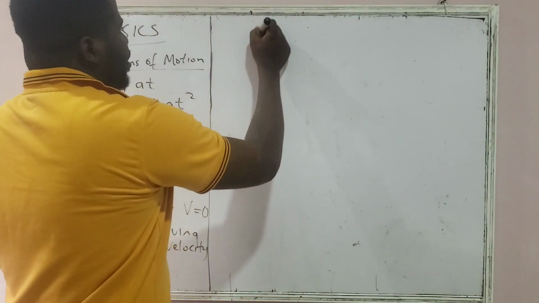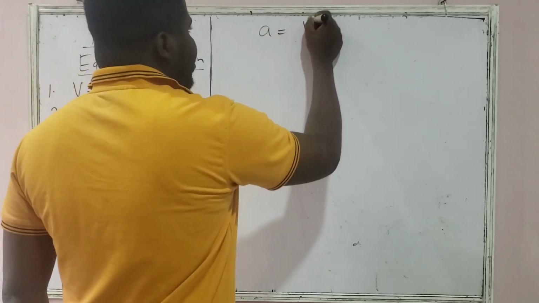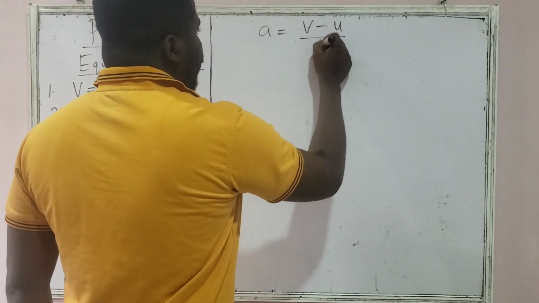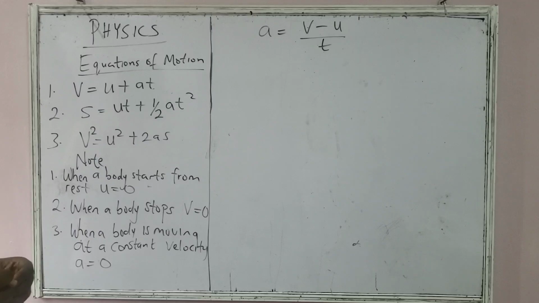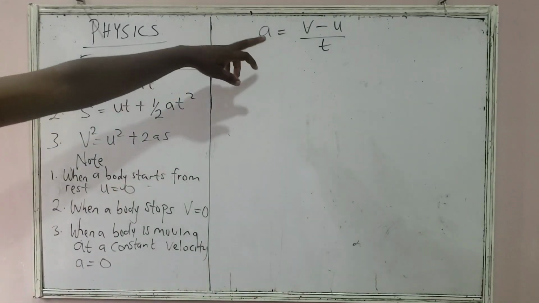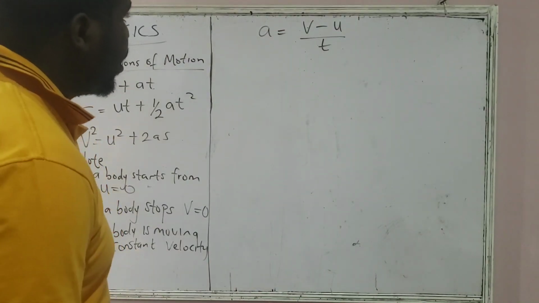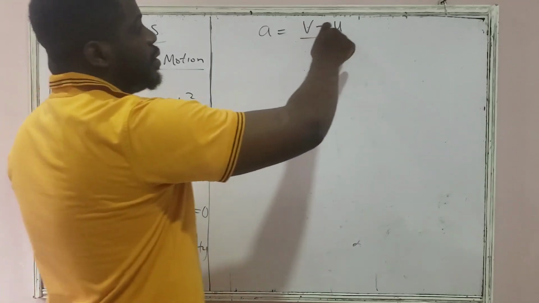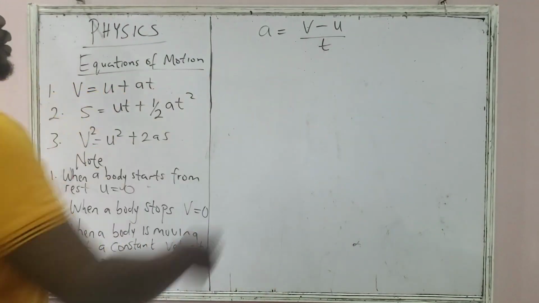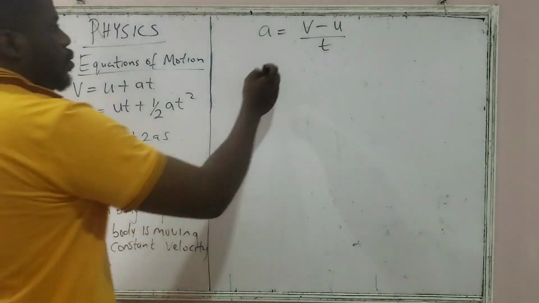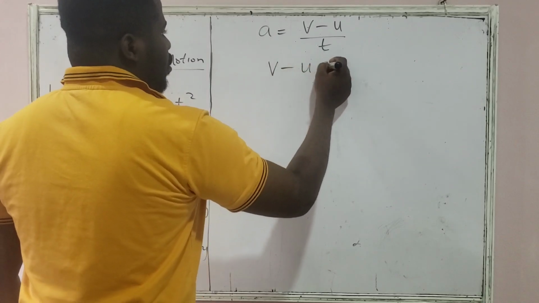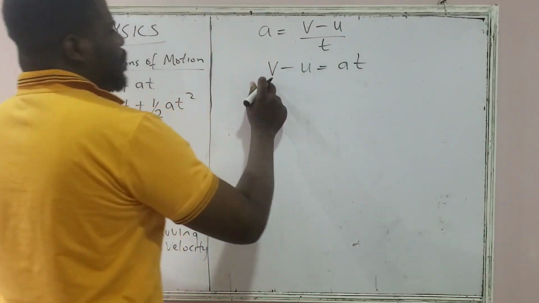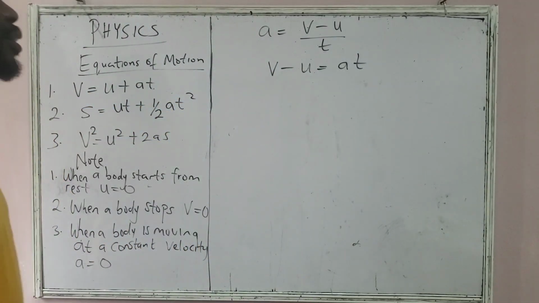From our definition of acceleration, we know that acceleration is change in velocity over time taken. That is final velocity minus initial velocity over time. So we have V − U = AT.